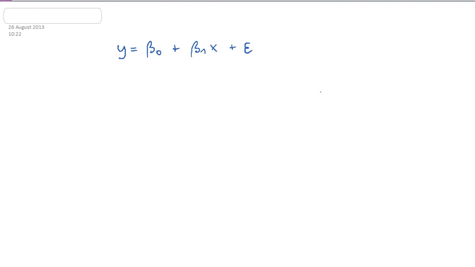Now there are different parameterizations, different names of variables and parameters, but you recognize here now that these two terms, the beta naught and the beta 1, are the intercept and the slope. Now there's something new in here, which is the epsilon.